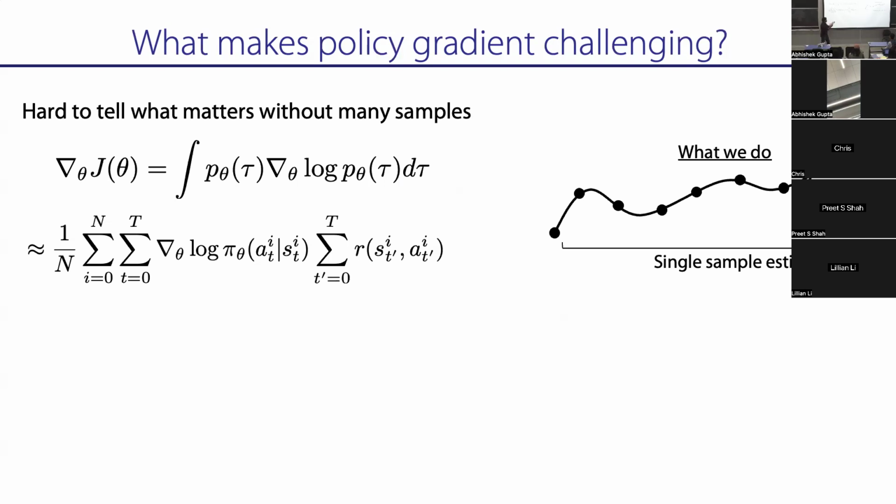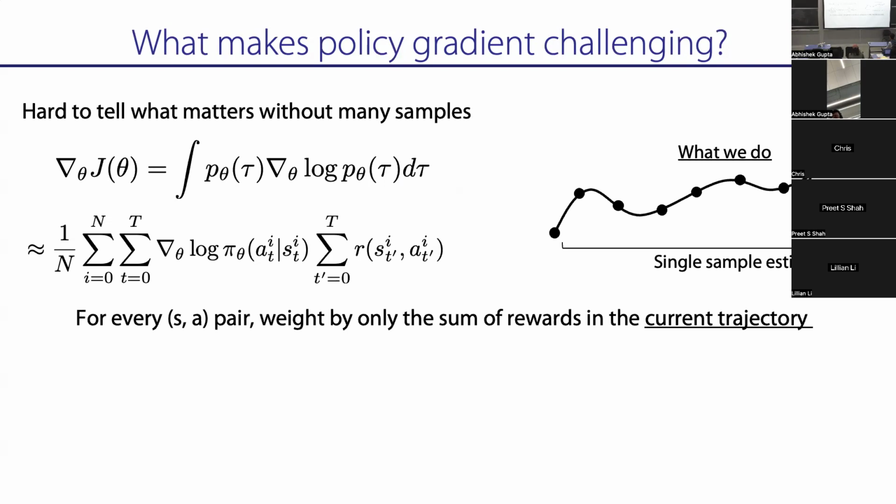The primary issue with policy gradient is that it's a single sample estimate. What I mean is, if you look at this particular trajectory, you take the grad log probabilities and you weight them by the sum of rewards in just that trajectory. It's a single sample estimate because you're only weighting by the sum of rewards in that one trajectory, and that trajectory was just one chance occurrence in the environment.